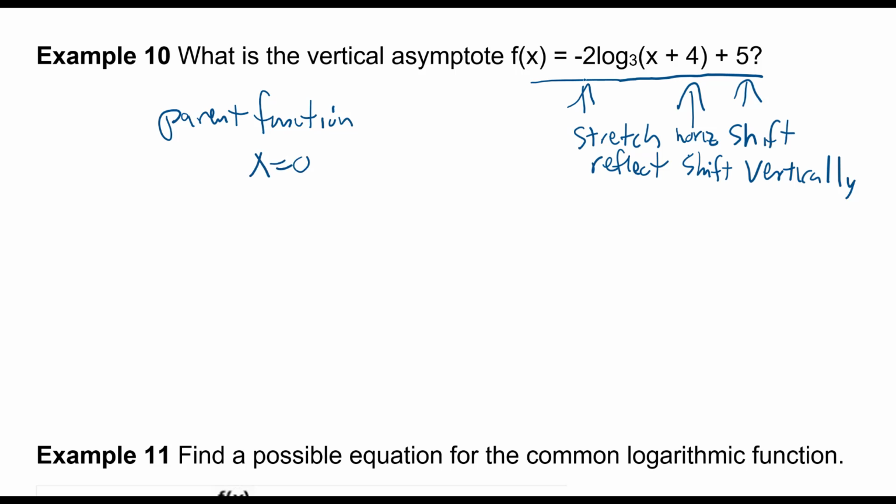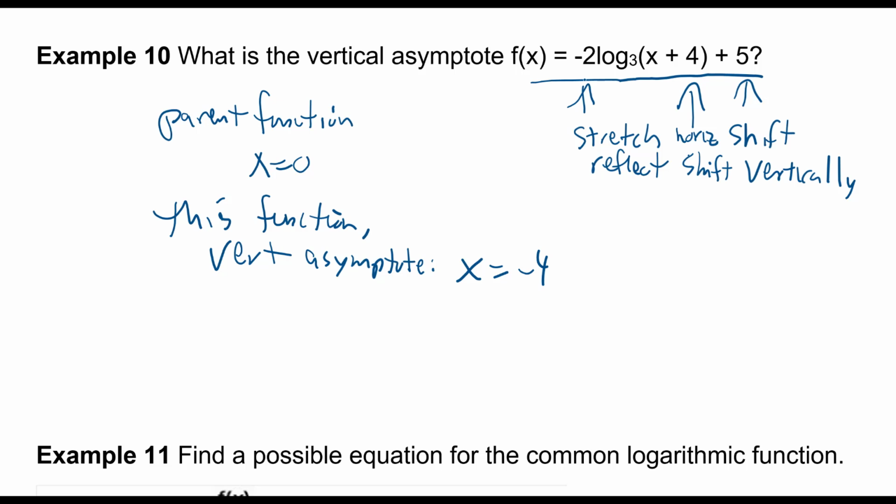But for this function, the vertical asymptote is going to be at x equals -4, because it's plus 4, so it goes to the left. -4 to go to the right. Okay.